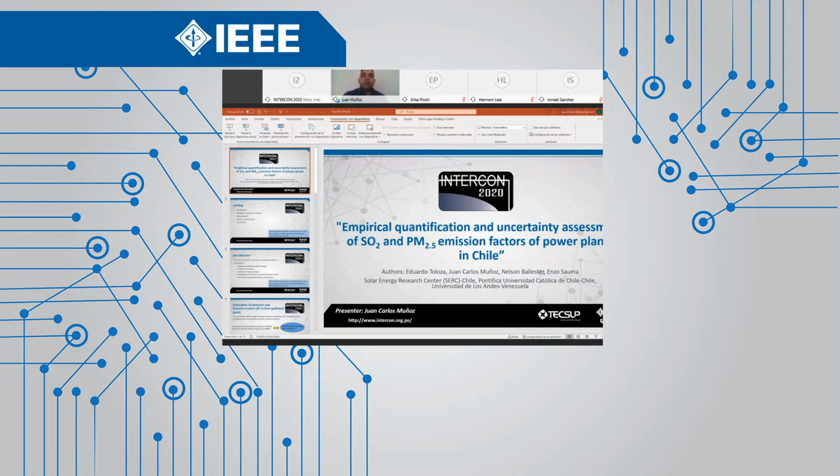Okay, well, basically, I'm going to be presenting the paper entitled Empirical Quantification and Uncertainty Assessment of SO2 and PM2.5 emission factors of power plants in Chile. This work has been done for power plants above 50 megawatts, which is regulatory mandatory in Chile for these plants to register these pollutant emissions.